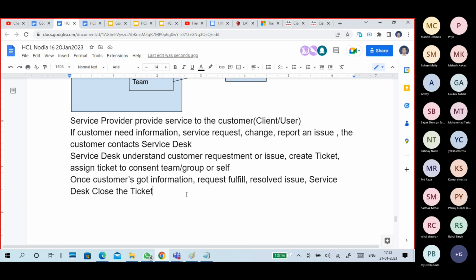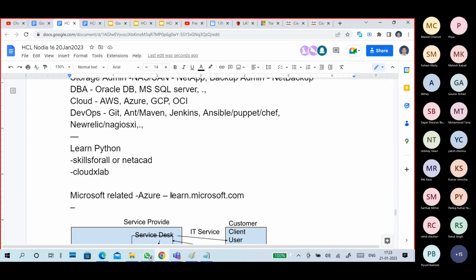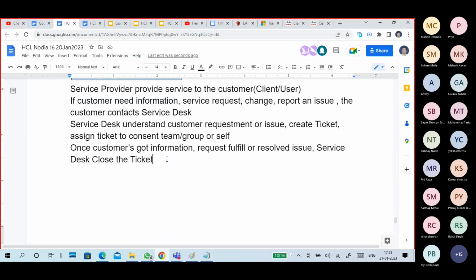Once the customer got the information, the request is fulfilled or the issue is resolved, the service desk closes the ticket. So this is what happens at a service desk, guys.